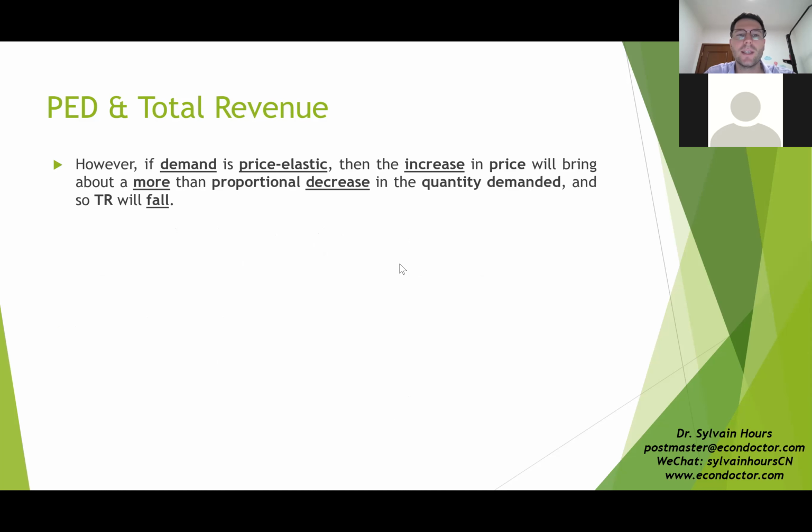However, if demand is price elastic and you increase the price by this amount, then the quantity demanded will decrease a lot in percentage. So overall, the product will decrease, so total revenue will decrease.